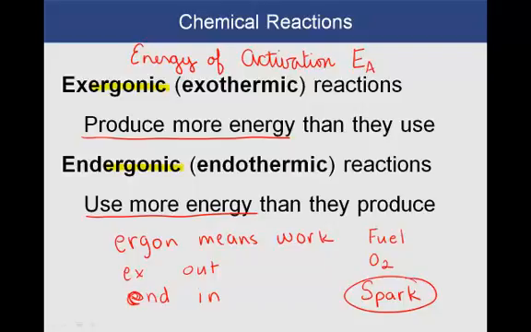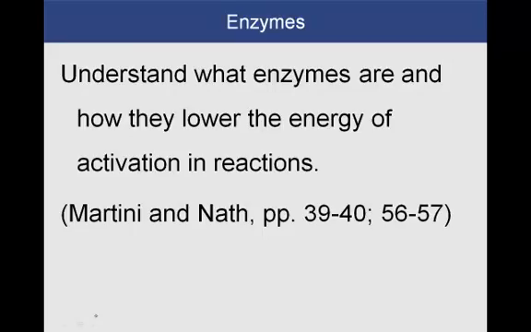That is a limiting factor of most chemical reactions. And our body works to get chemical reactions going by aiding that spark. And it aids the spark through enzymes. Enzymes are, for the most part, proteins in our bodies. One of many different kinds of proteins, but they have a very specific function, and that is to lower activation energy in reactions.